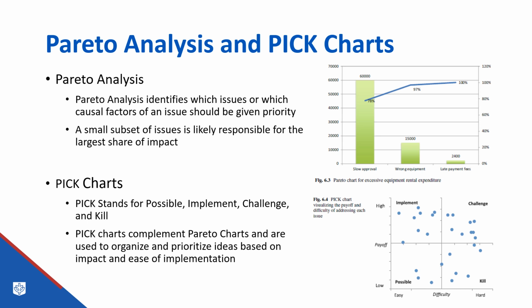For Pareto analysis, essentially it identifies which issues or what causal factors of an issue should be given priority. Typically, a small subset of issues is likely to be responsible for the largest impact.